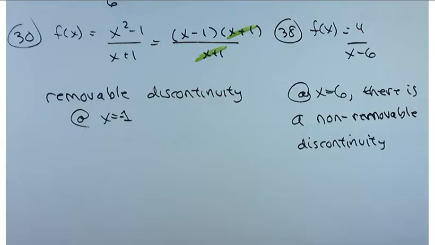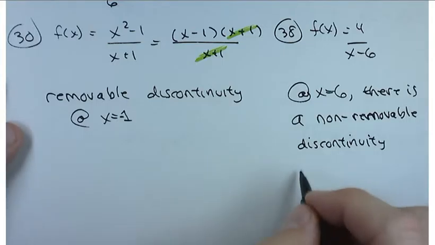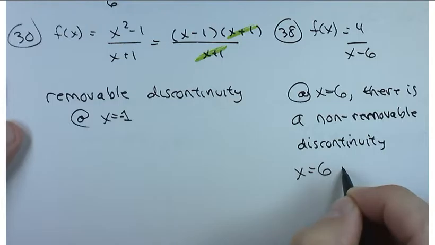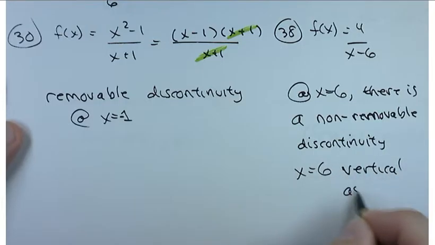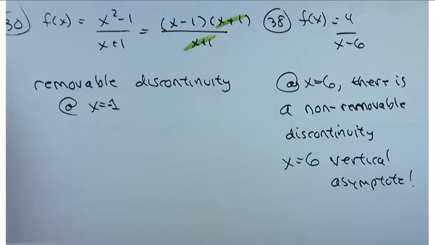I think you said it, that at x equals 6, you've got a vertical asymptote. That's typically going to happen if you don't have something like this where a couple terms are going to cancel from the denominator.